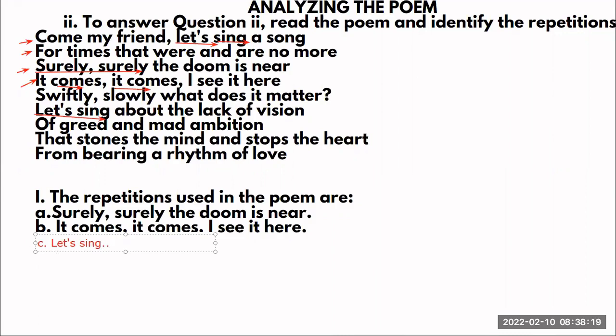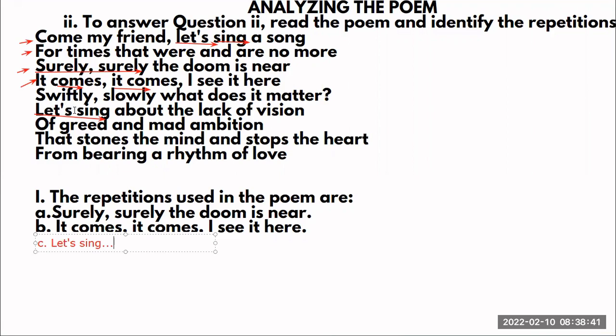You can put 3 dots because it's not a whole line that we can point at. We have "let's sing" as part of line 1, and then we have "let's sing" as part of line 6.